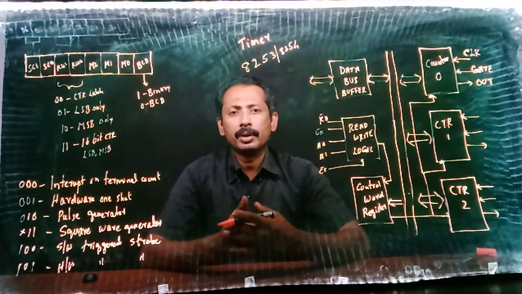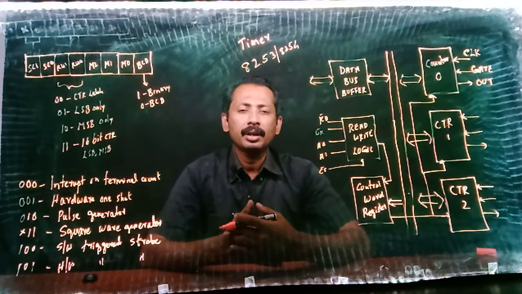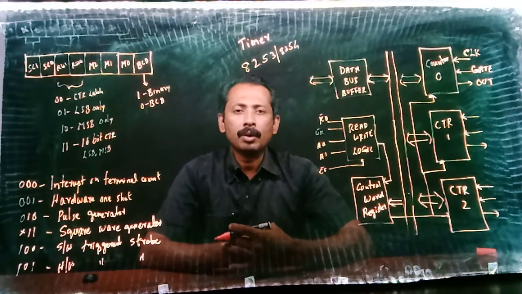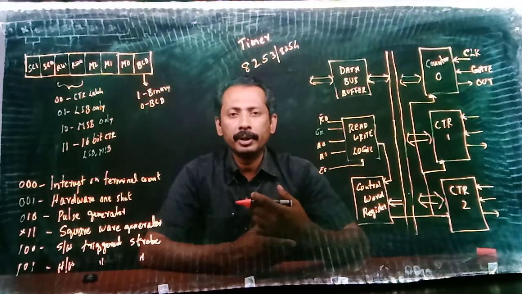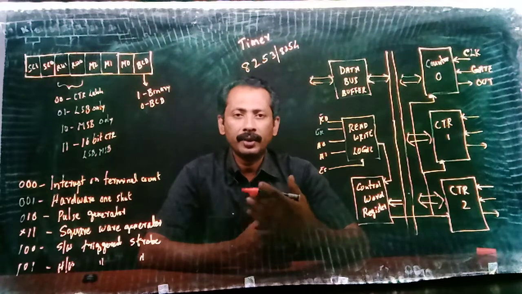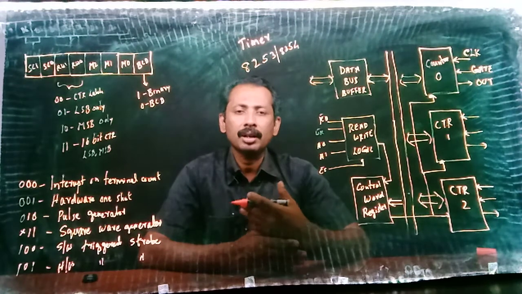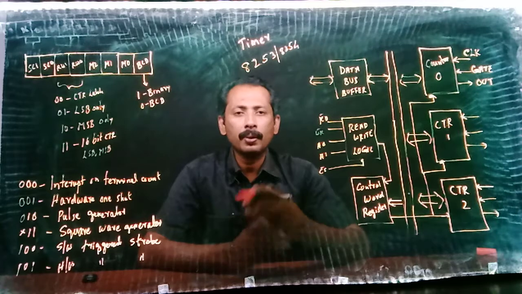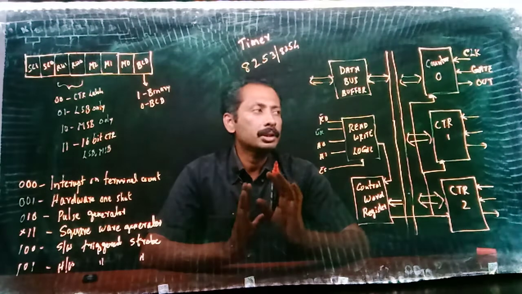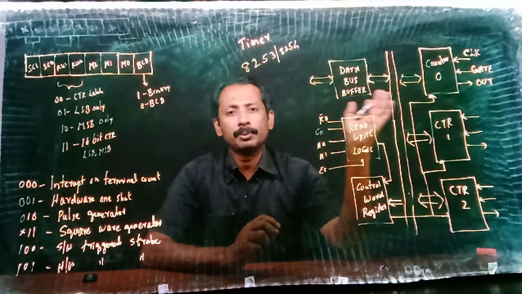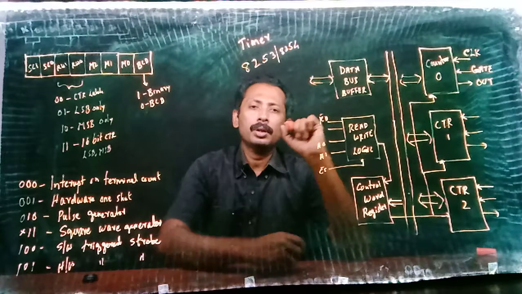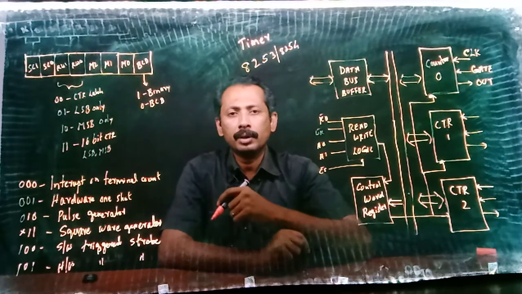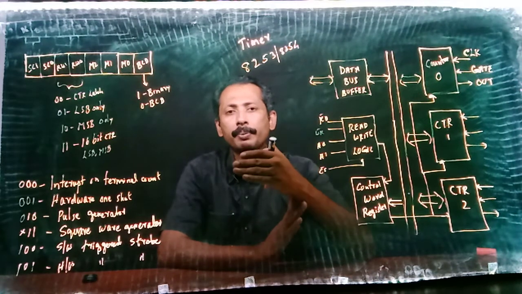If I set the counter as FF, then for each clock pulse the counter will get decremented, like FE, FD, etc., until the counter reaches 0. When the counter reaches 0, there will be some state change in the corresponding pin. So the logic is that we set a counter, and this counter will be the timekeeper.